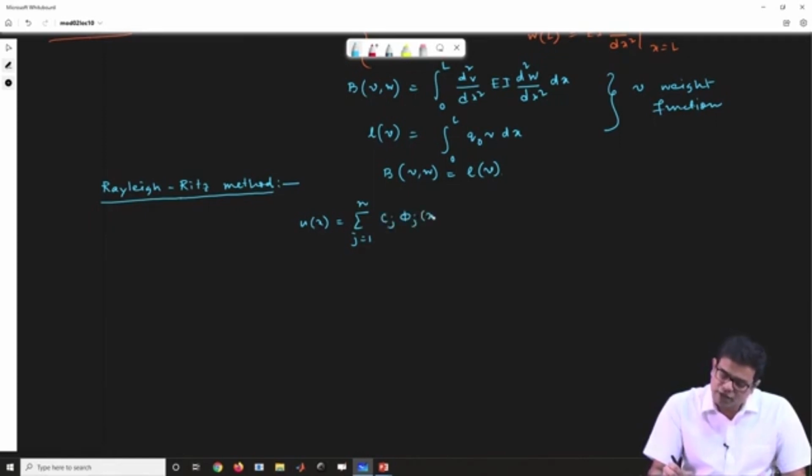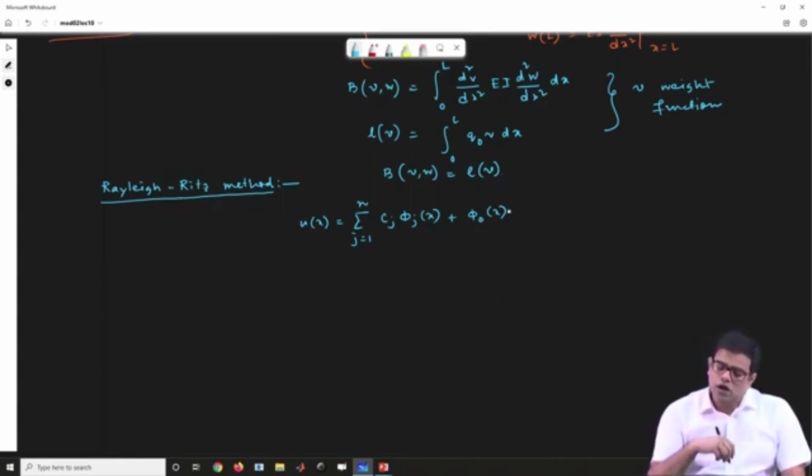So phi j are functions of x, and obviously we may have a non-homogeneous boundary condition, so we also need something phi 0 of x. That is an important thing here.